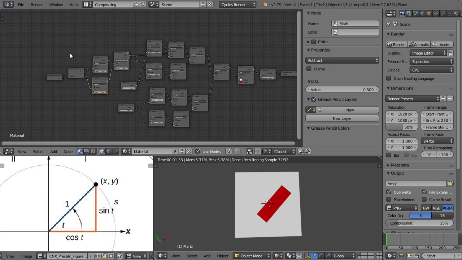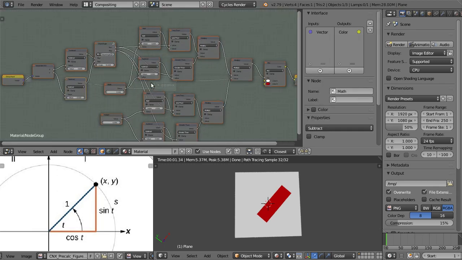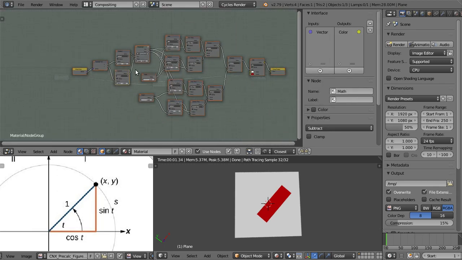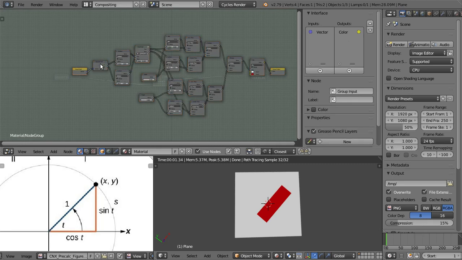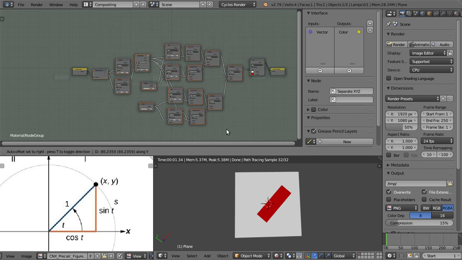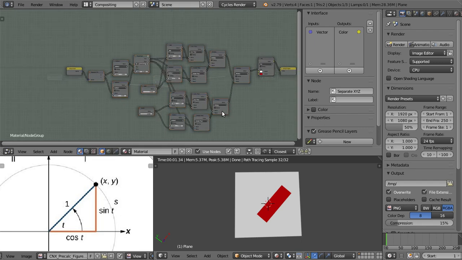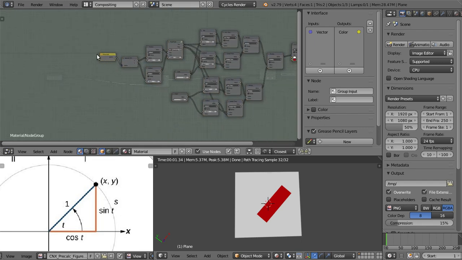And now we're going to make this into a new node group. So all of that, I believe. And let's make a node group. Group it down like so.